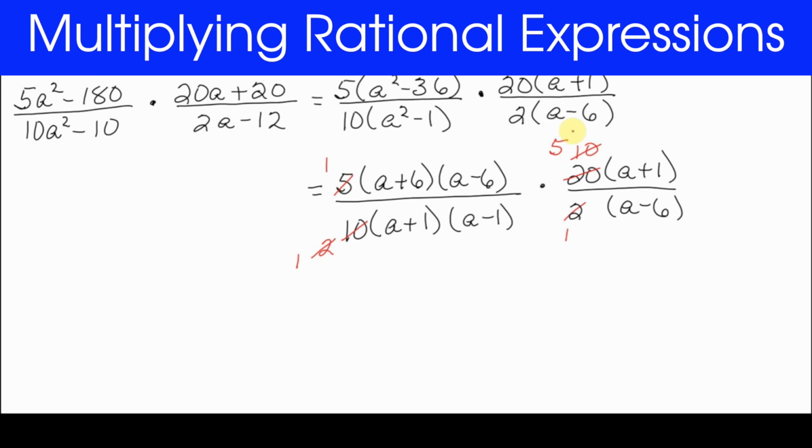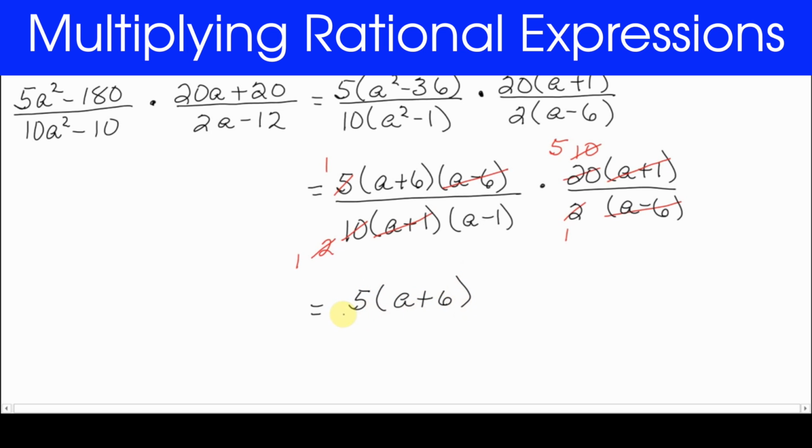Let's look at the variable expressions. I can cancel the a minus 6's and the a plus 1's. So I'm left, remember I'm multiplying numerator times numerator, the only thing I have in this numerator is 5 times a plus 6.